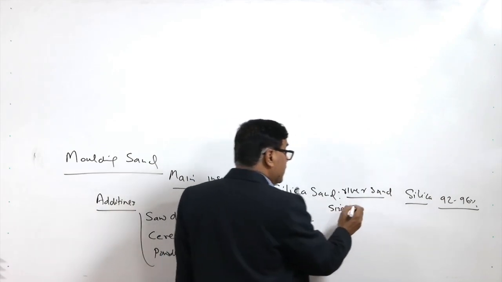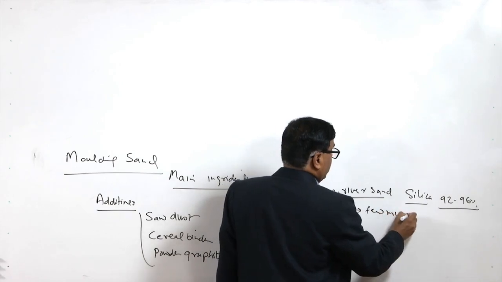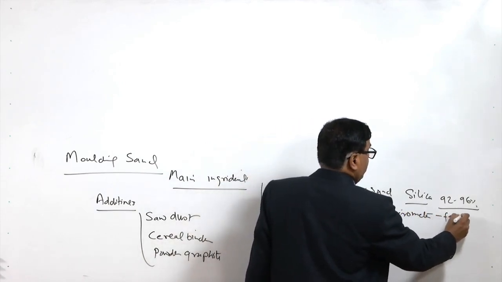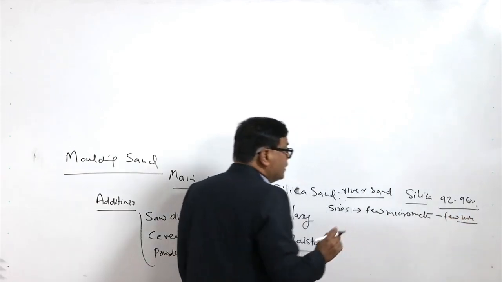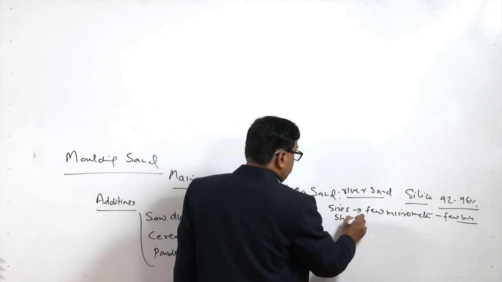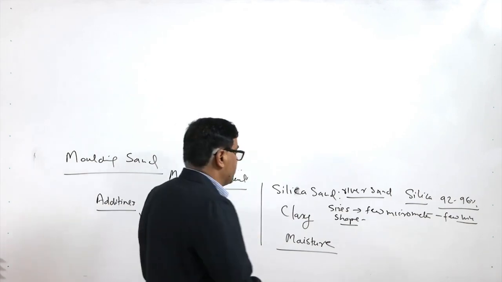The size may range from, say, a few micrometers to a few millimeters, and these are present in a variety of shapes. Both these characteristics are important from the moulding properties point of view.